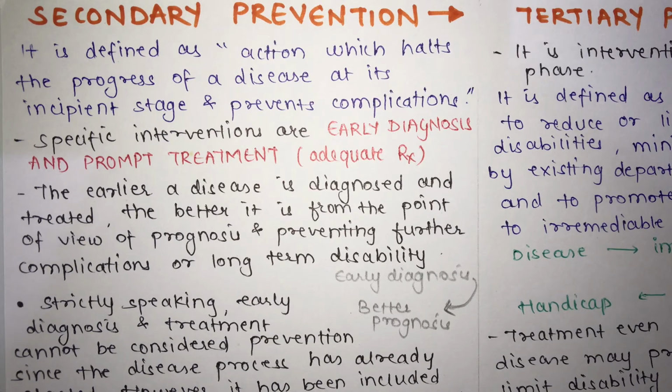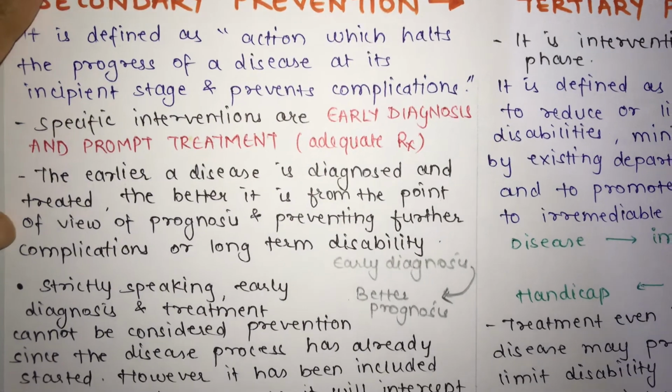The specific interventions are early diagnosis and prompt, adequate treatment. The earlier a disease is diagnosed and treated, the better it is from the point of view of prognosis and preventing further complications. As soon as we diagnose a case, we have a better prognosis. The earlier a disease is diagnosed, the better the prognosis.